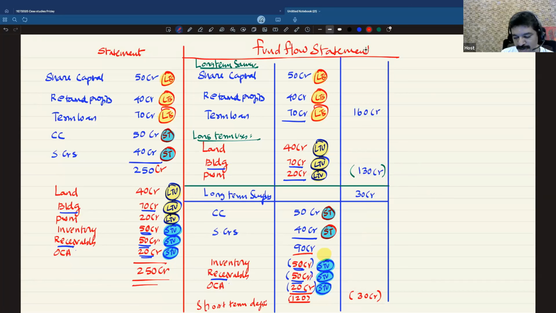I get goosebumps whenever I say this because it's such a beautiful statement which is going to act like a scan report or X-ray report. It's going to show you many things which literally the balance sheet and P&L cannot communicate on the face.